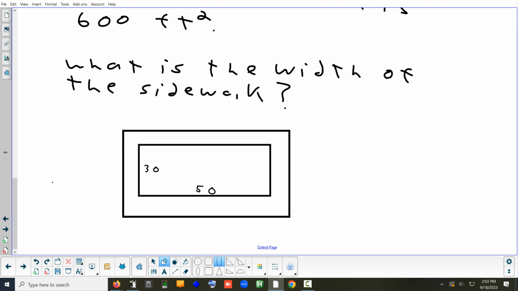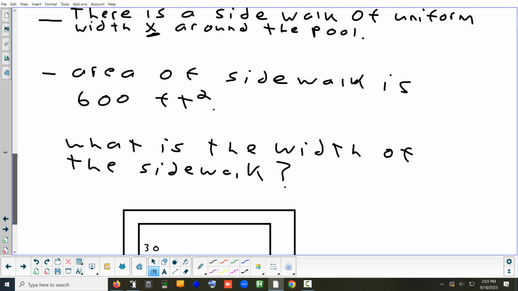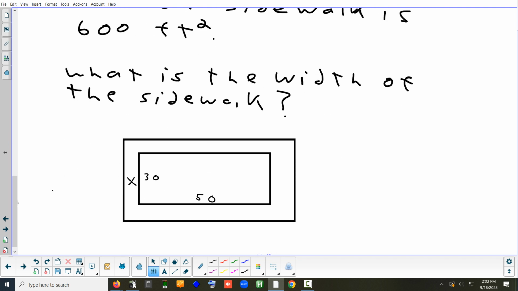Okay, and I want to try to make it same width all the way around, close enough. Okay, so there's my sidewalk. And we don't know the width of it, but they told us to represent the width of the sidewalk using what letter? Yeah, X. So it's X all the way around, the width.